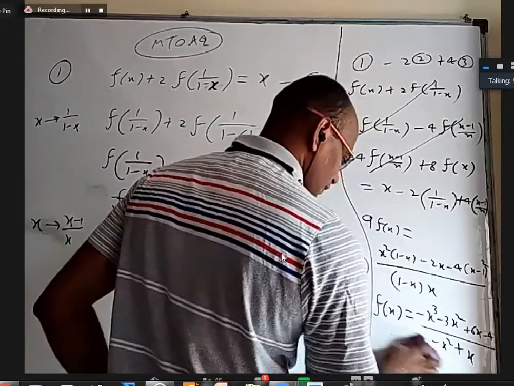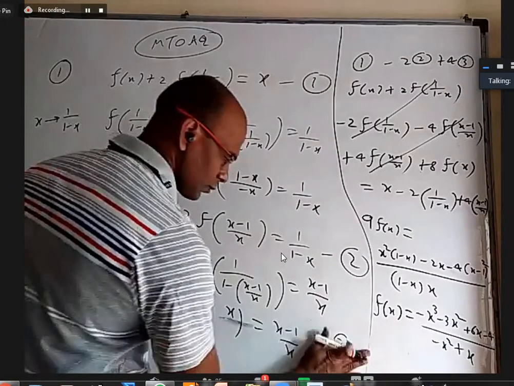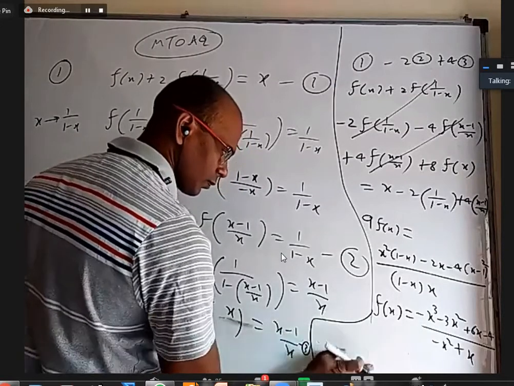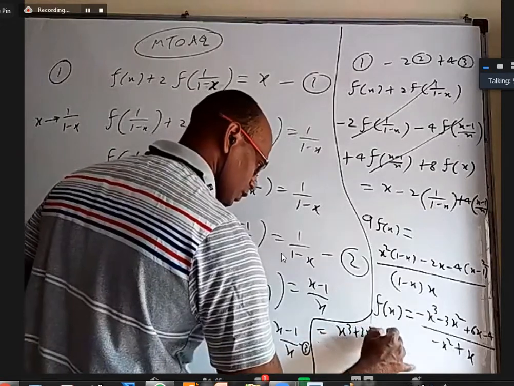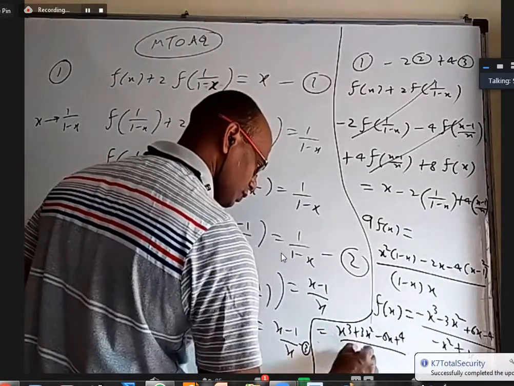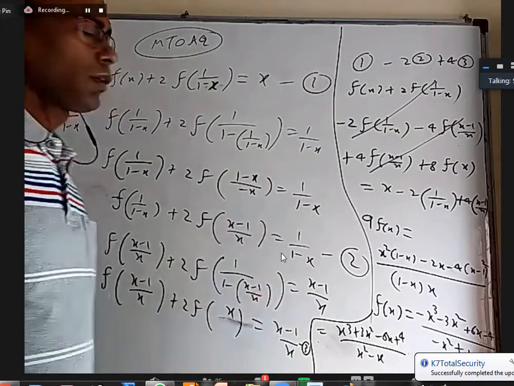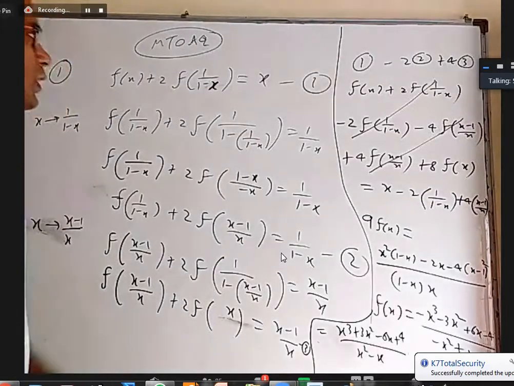So we are able to find the function, whatever it is. x cube plus 3x square minus 6x plus 1.